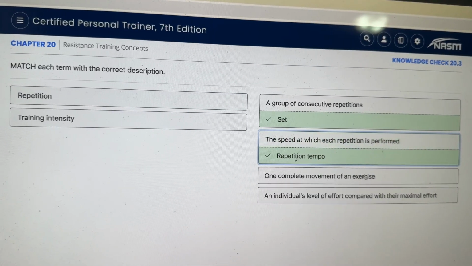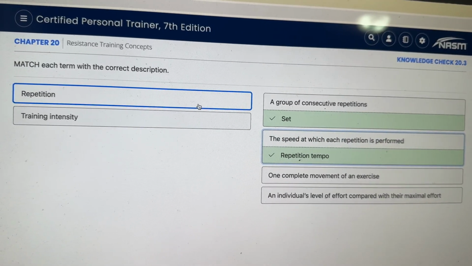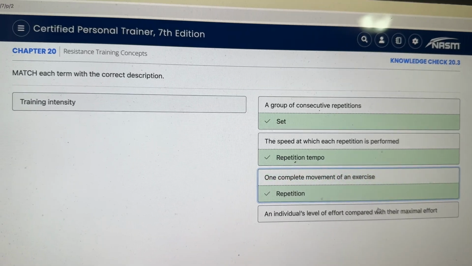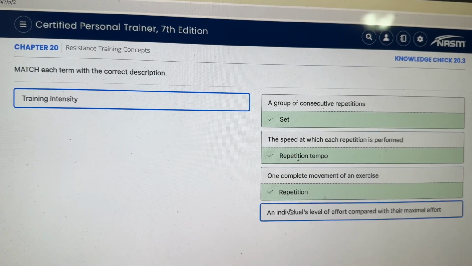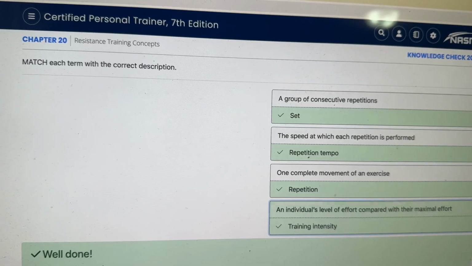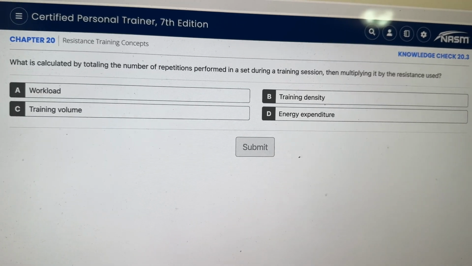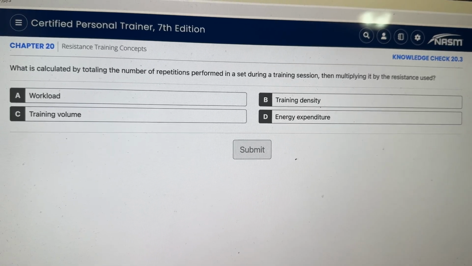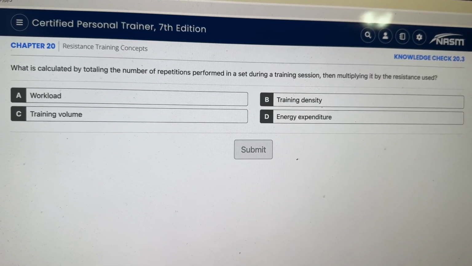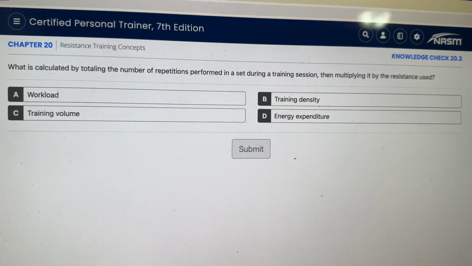One complete movement of an exercise. Repetition. An individual's level of effort compared to their maximal effort. Training intensity. What is calculated by totaling the number of repetitions performed in a set during a training session, then multiplied by the resistance used? Training volume.